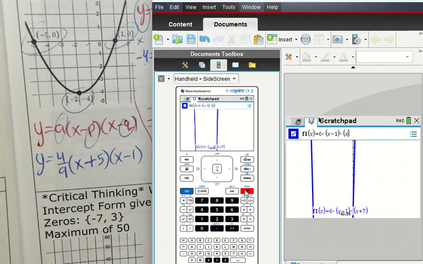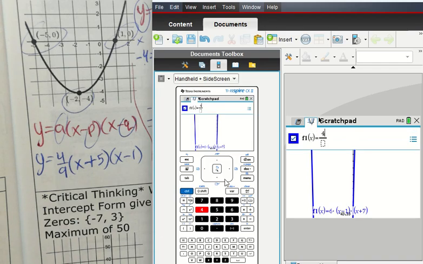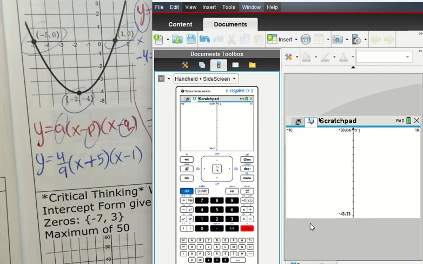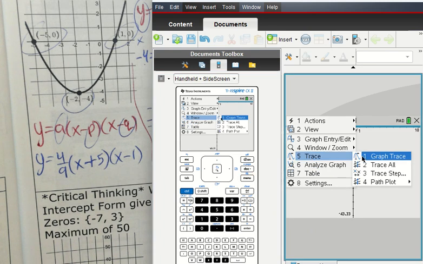So I'm going to delete this and type 4/9, parentheses x plus 5, x minus 1, and I'm going to trace it.